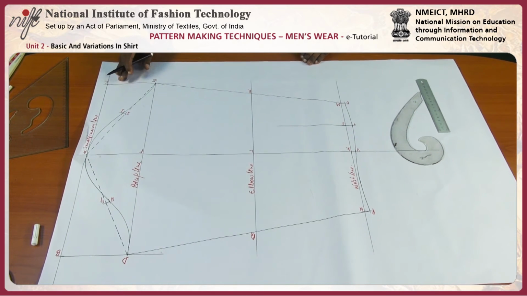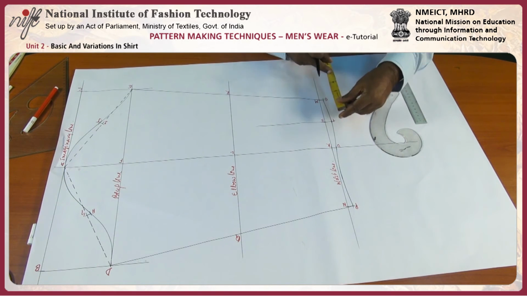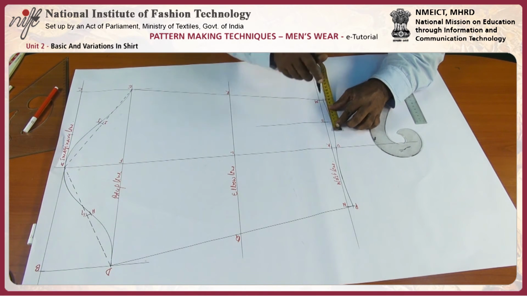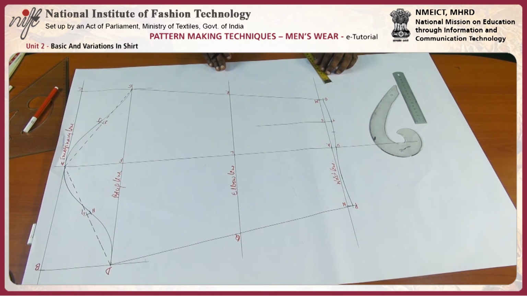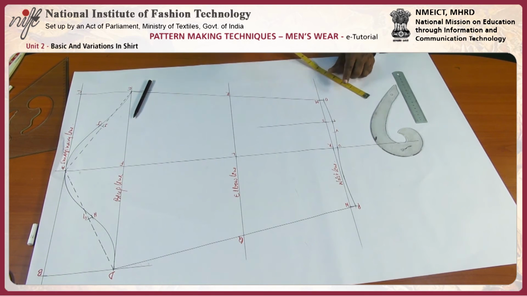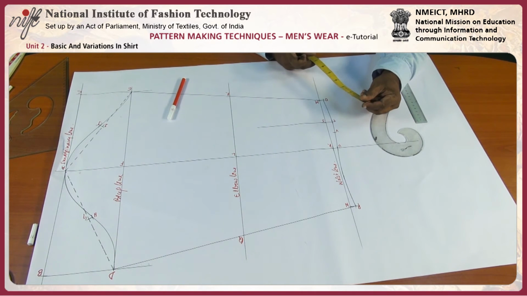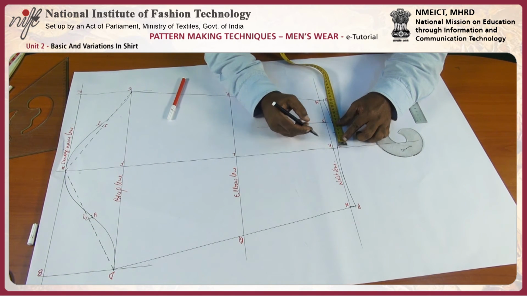T to V, 3 centimeter. V to W, 2.5 centimeter, pleat number 1.